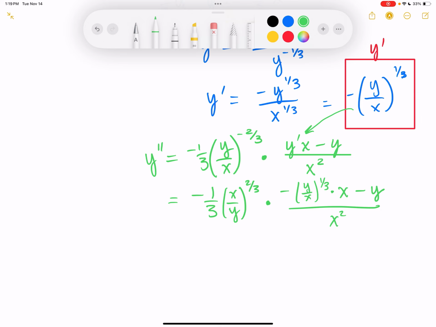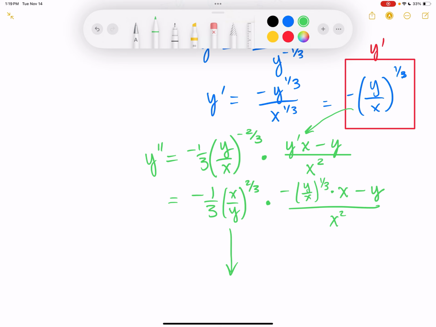It doesn't look very fun. Oh my gosh. No.